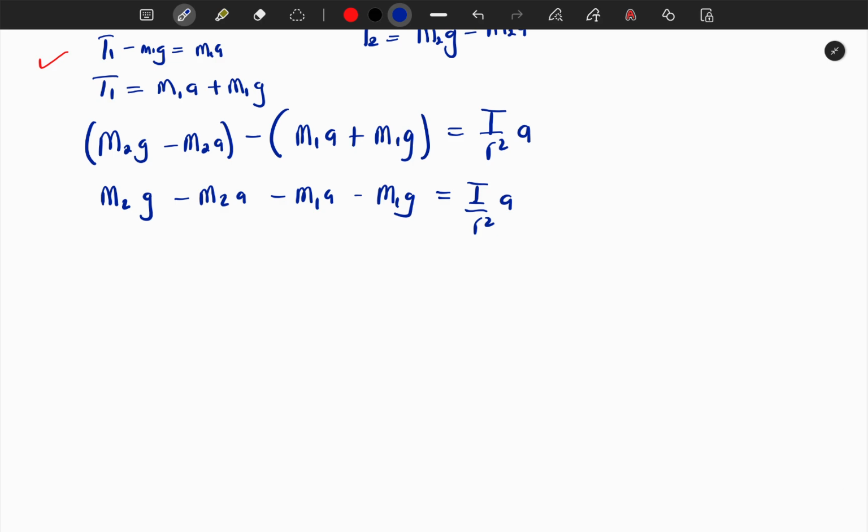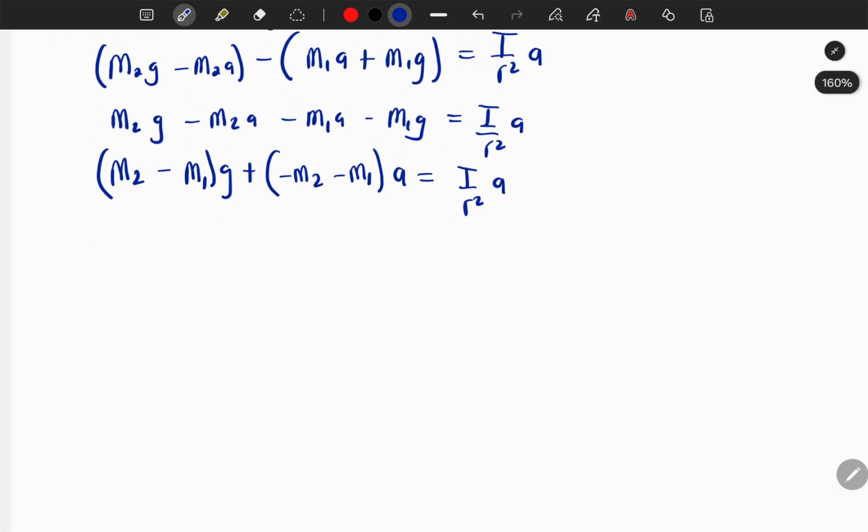I can group everything to do with g, so I get m2 minus m1 times g. Then plus these two, which have a, so that will be minus m2 minus m1, then a, is equal to I over r squared, then a.